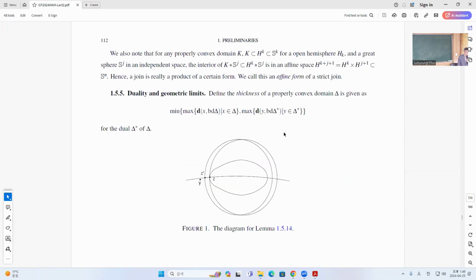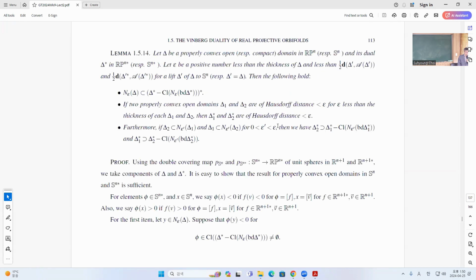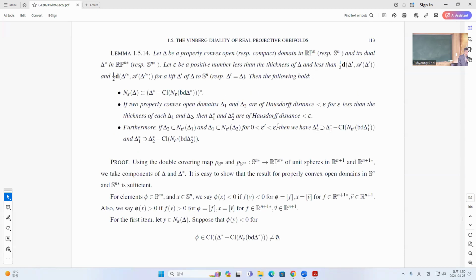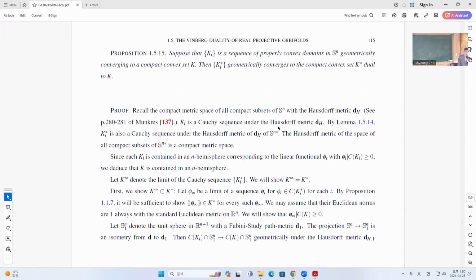Okay, so you just need to understand these, and then there is a duality of properly convex sets. The main thing is that if you have a sequence of properly convex domains converging to some compact convex set K, then K* geometrically converges to the compact convex set dual to K.